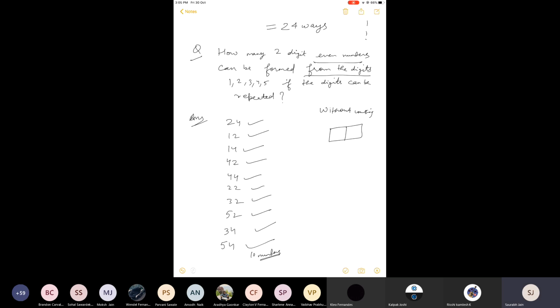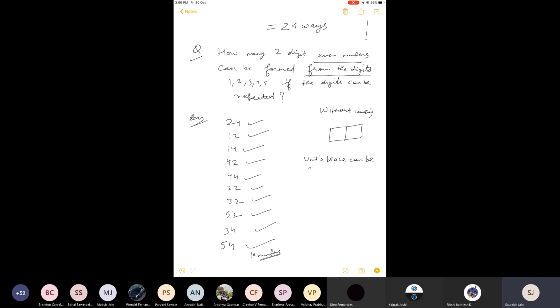So for a 2-digit number, the rightmost box is the units place, and the left one is the tens place. So tell me, I will write it like this. The units place can be filled in.